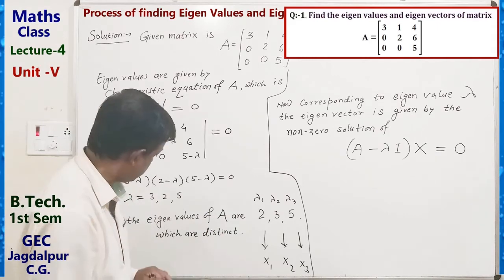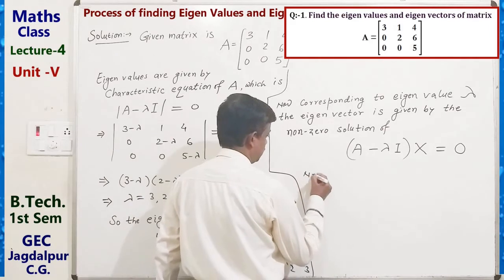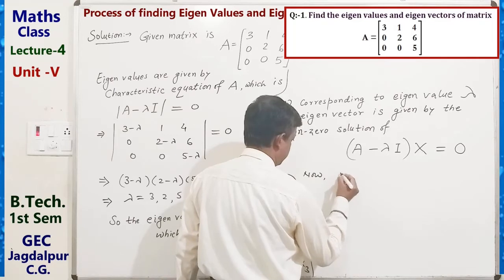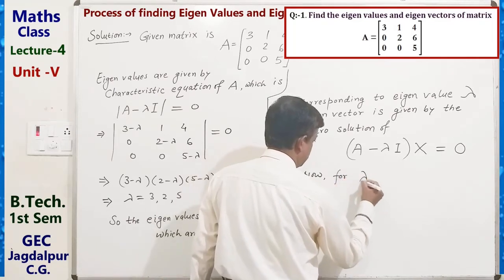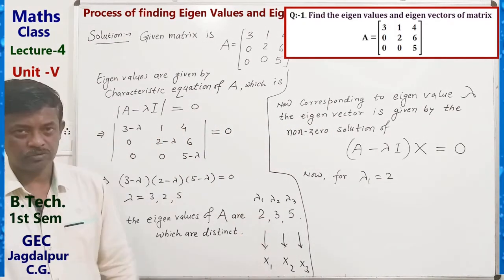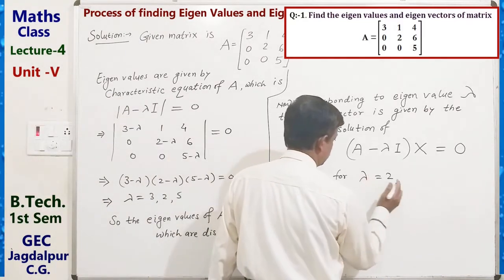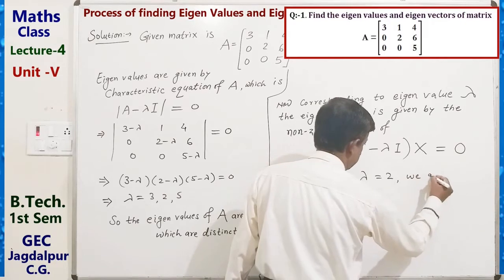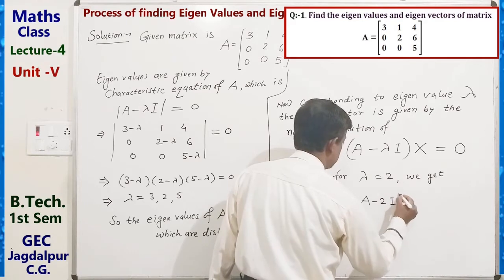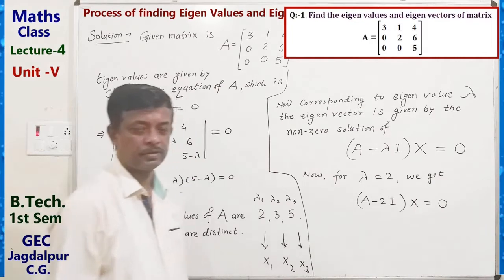Okay, so for lambda 1 equals 2, we get A minus 2I times x equals this. Clear?